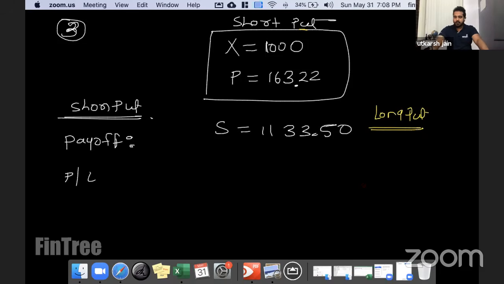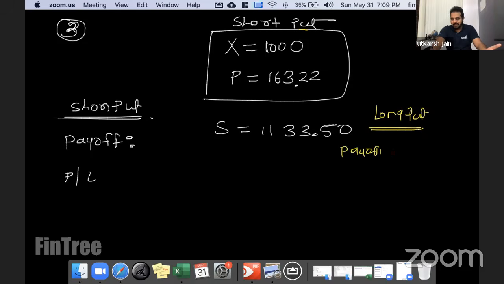Good. So you have a right to sell at a price of 1,000. Price in the market is 1133. So you ask yourself, something which is worth 1133, will I sell it for 1,000? The answer is no, which means the option will not be exercised.